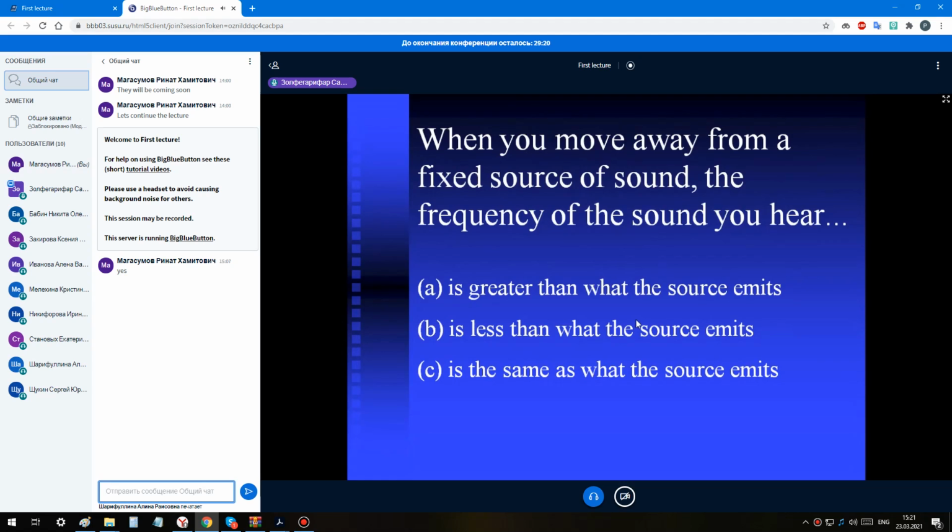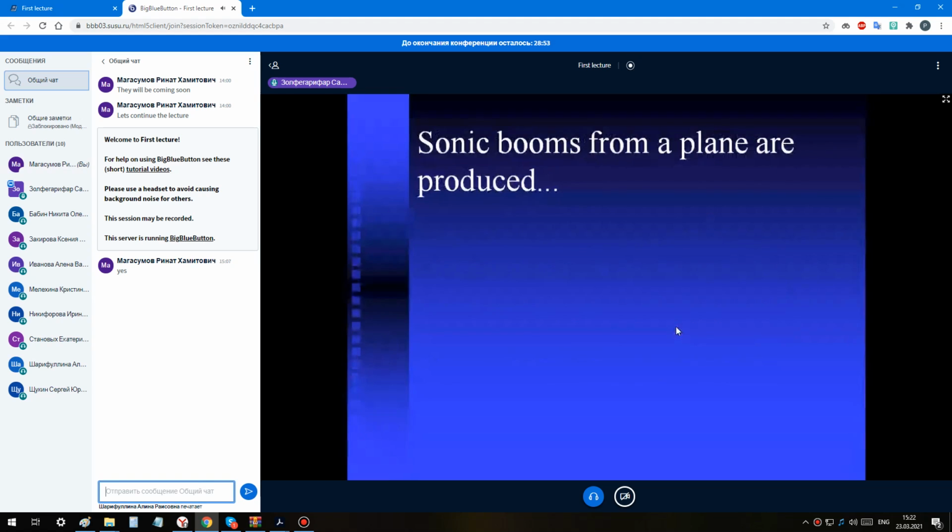Which is the correct answer? B. When you move away from a fixed source of sound, the frequency of the sound you hear is less than what the source emits.